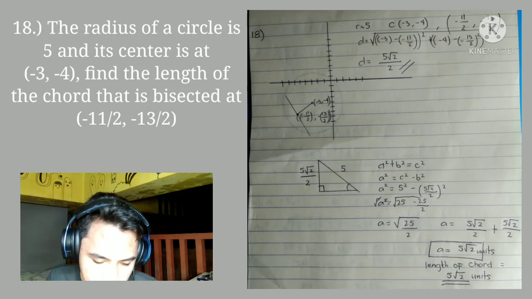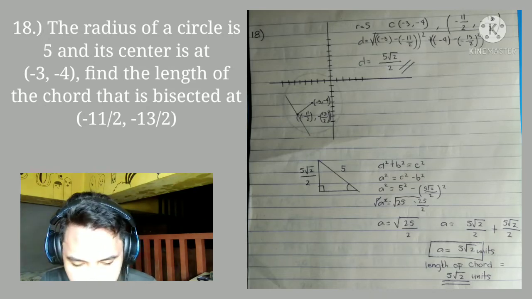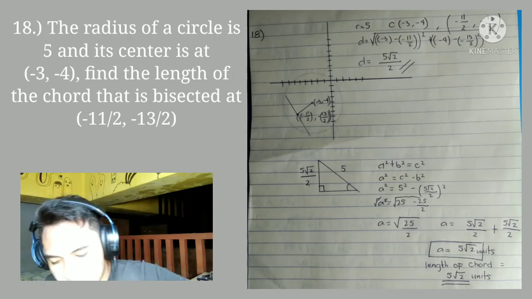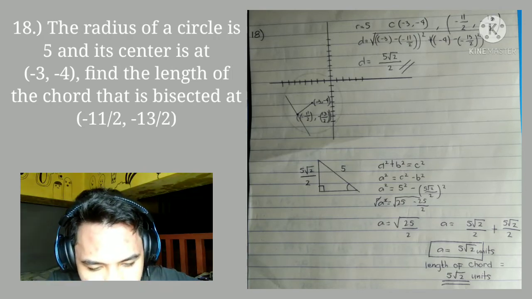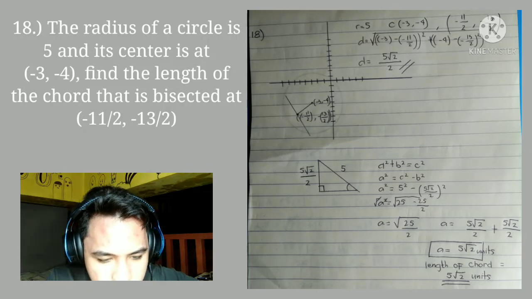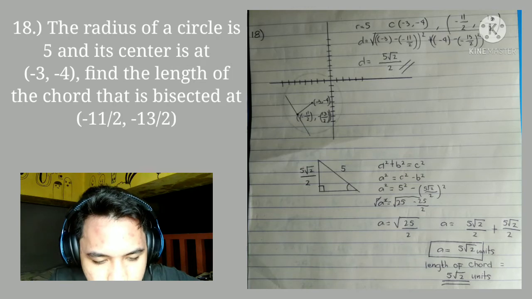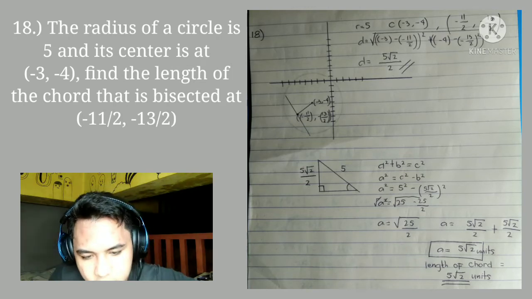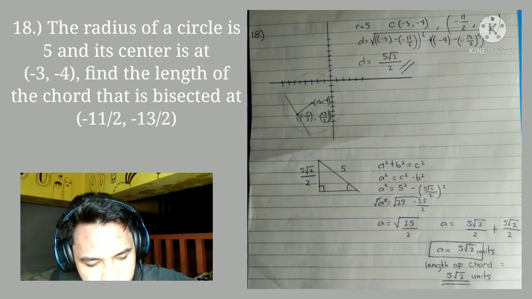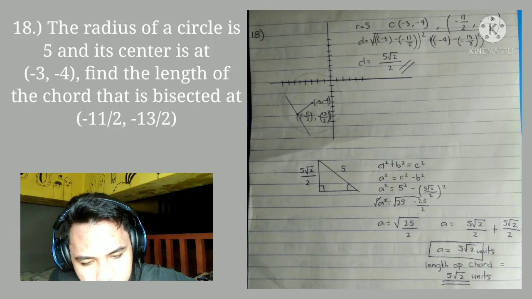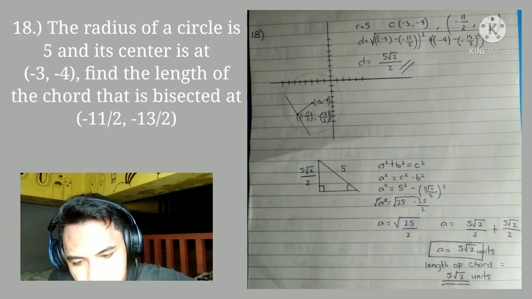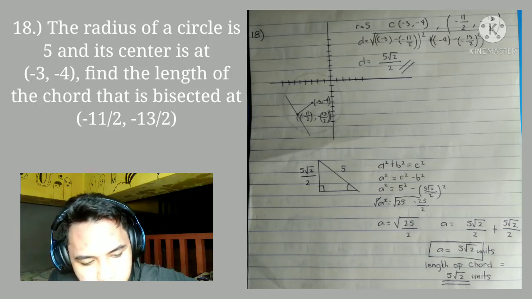What we will do first is create a Cartesian plane, then plot our points. As you can see here, we have our radius, which is 5, our center at (-3, -4), and the point (-11/2, -13/2) here.